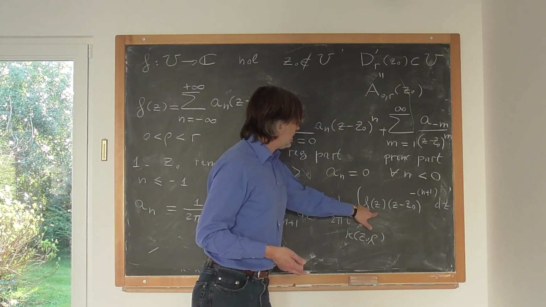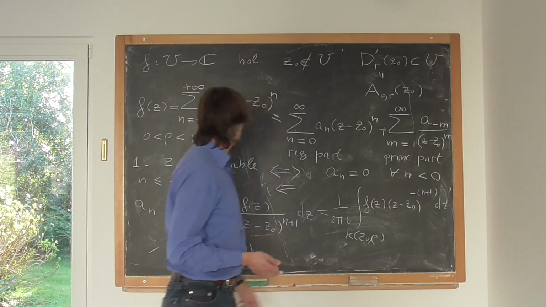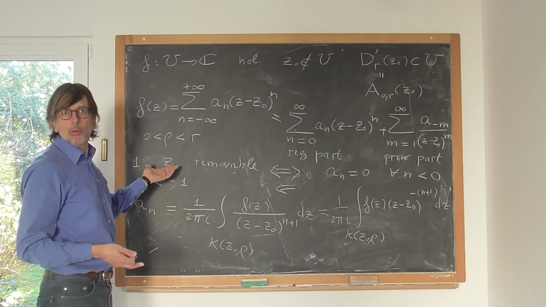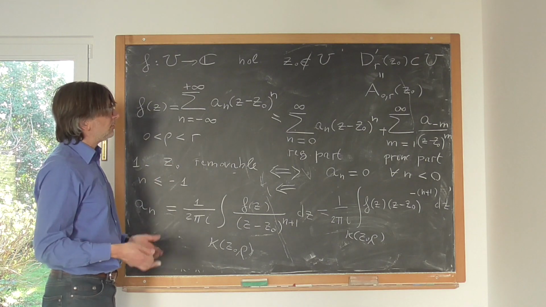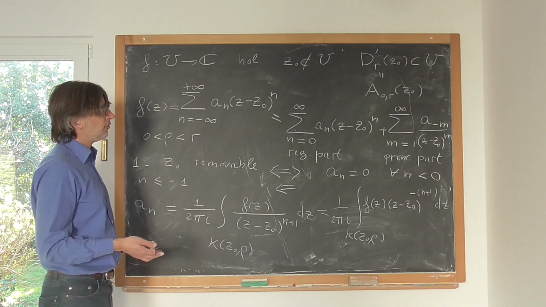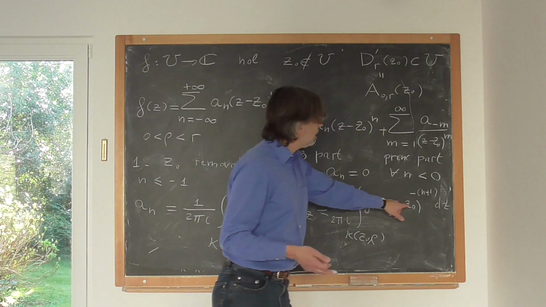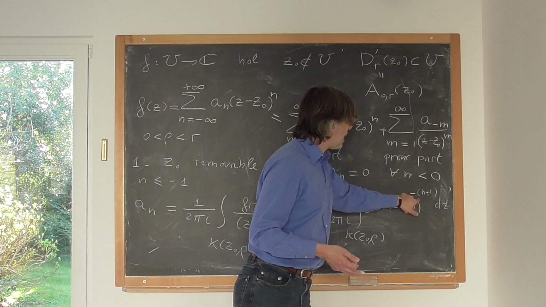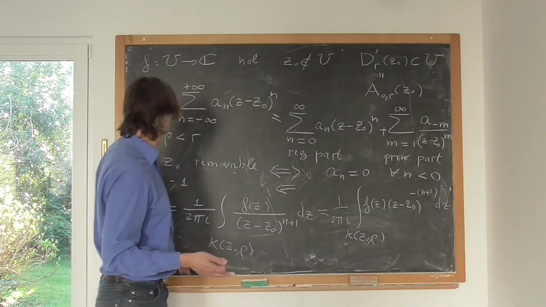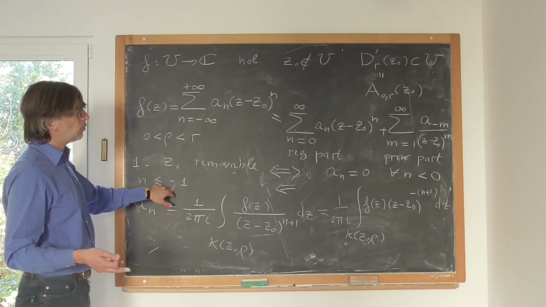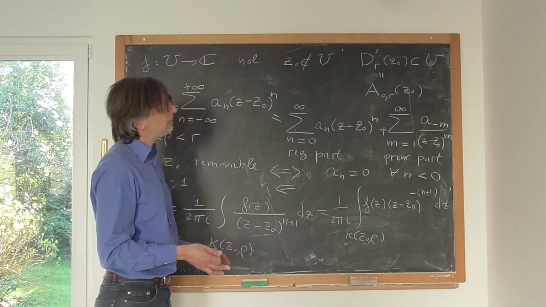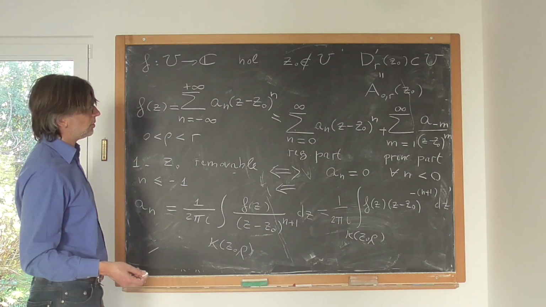Well, f is holomorphic also at z0 because we are assuming that the singularity of f is removable, so we can give a value also at z0 in such a way that f is a holomorphic function. And here, the exponent minus (n plus 1) is non-negative because n is less or equal than minus 1. So z minus z0 to this power is just a polynomial.